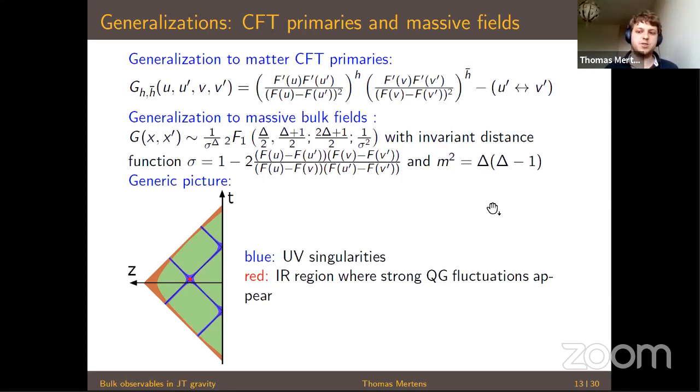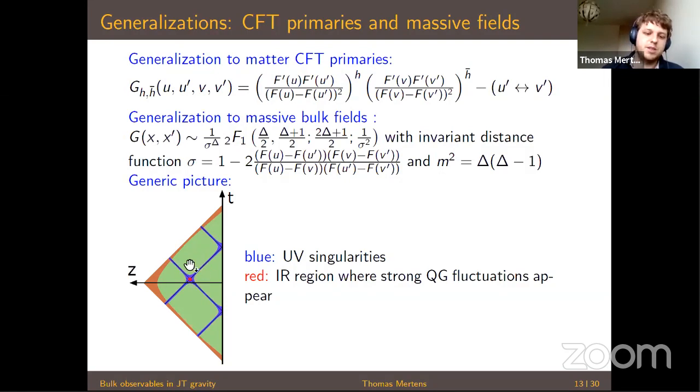The generic picture we get from analyzing the resulting expressions from these calculations is the following. I've drawn the Penrose diagram again. Imagine we put one bulk operator at this red dot, and what I've drawn here is the behavior of the 2-point function as you move the second point around in the bulk. Close to the light cone singularities, and this includes reflections off the holographic boundaries, you're close to these UV singularities, these logarithmic divergences.